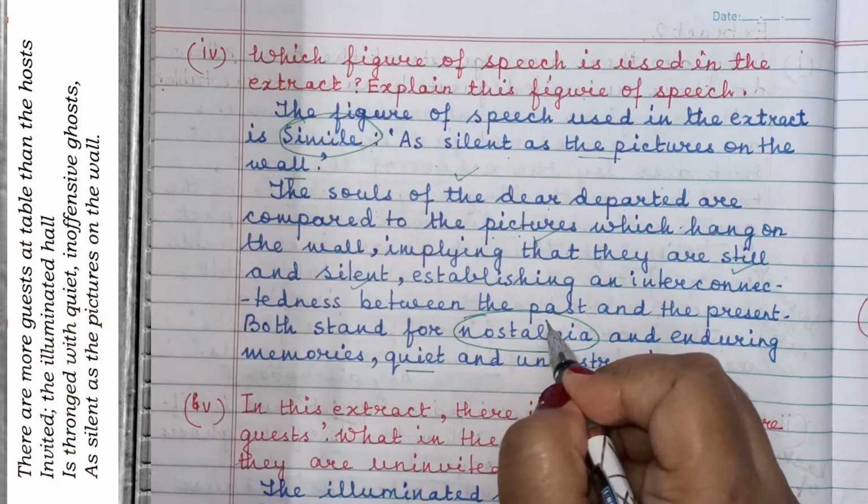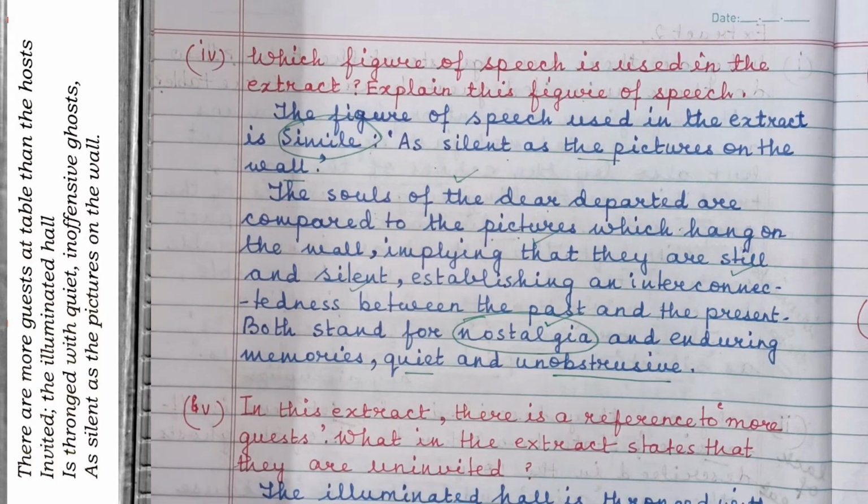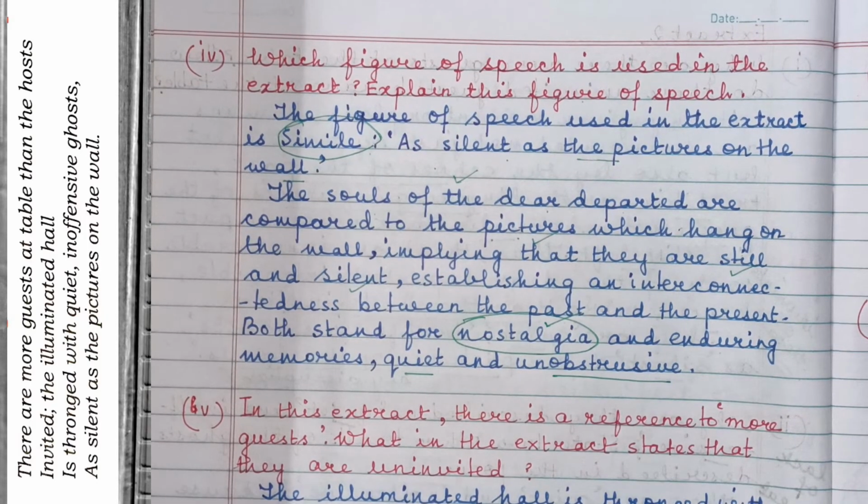Very important, nostalgia. Element of nostalgia in the poem. And interconnectedness. There is a connection between the past and the present. So, our present is dependent on the past. The legacies, the traditions, they are handed down from one generation to another.